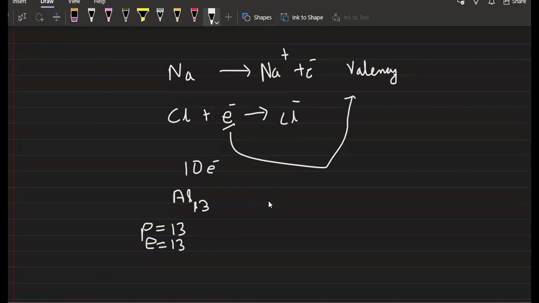Aluminium has 13 electrons, but it needs only 10 to be stable. Yes, very good. So obviously it will donate its 3 electrons, yes or no?